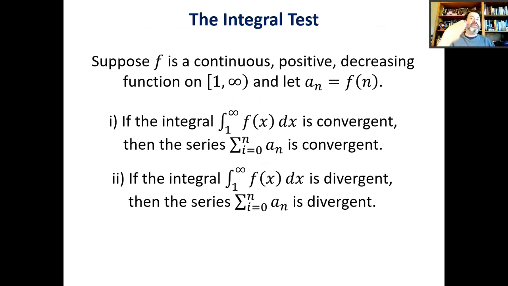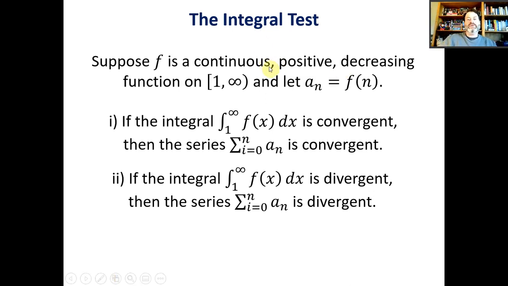You just need either a right or left endpoint, and whatever happens to the integral happens to the sum. That should make sense based on how right and left endpoints work. So let me go through the integral test, then I'll go back and explain why it works. I'm not proving the integral test, I'm just explaining why it works. The proof is in the textbook, but I'll give you the overall idea of how the proof works. I'm not going to ask you to prove this on a test.